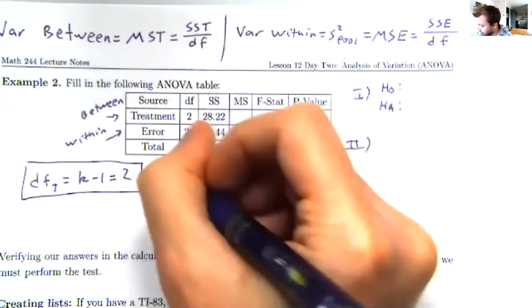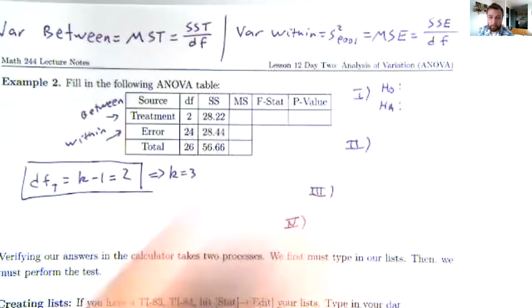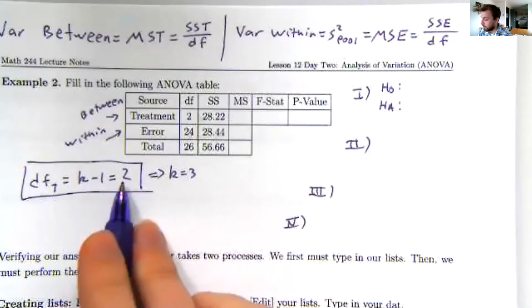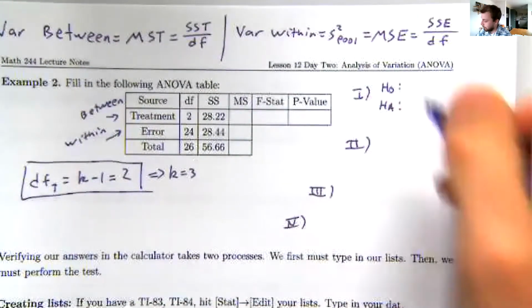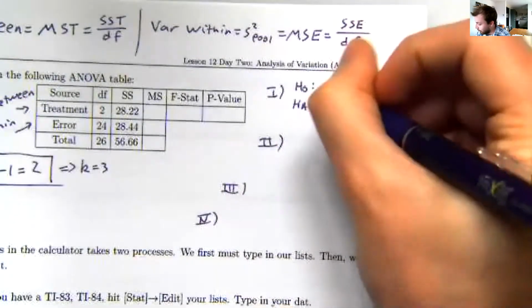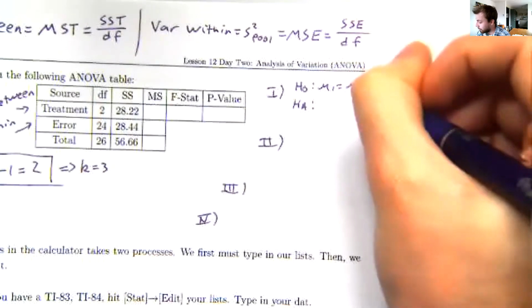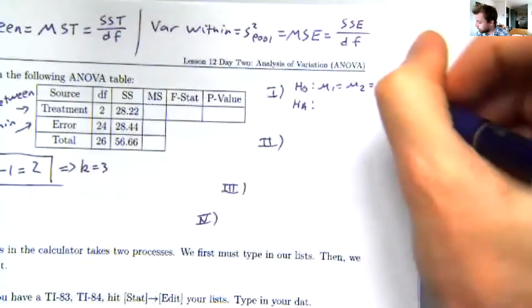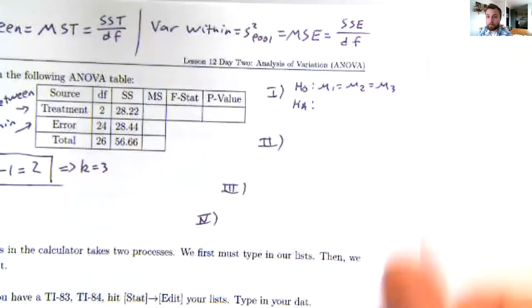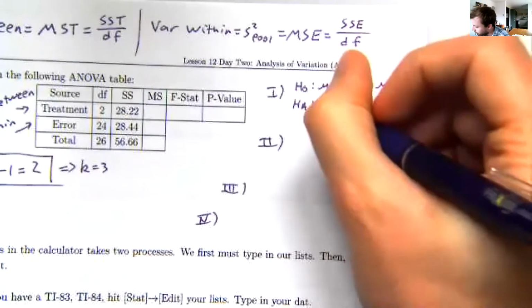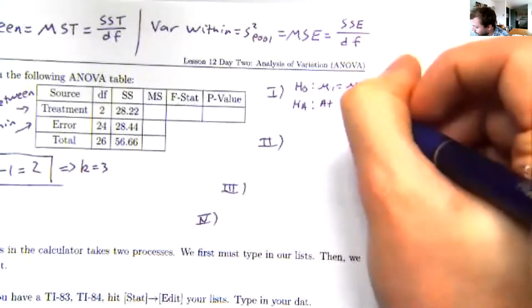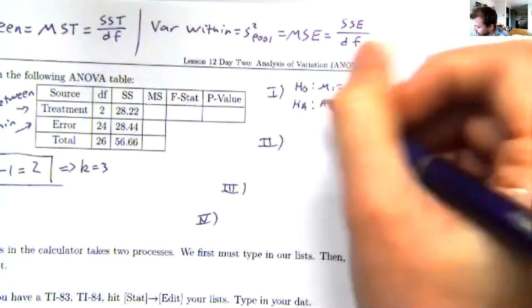So this is telling me that the number of groups must have been 3. 3 minus 1 gives me 2. So I am going to be comparing an average for the first group, an average of the second group, and an average for a third group. My alternative hypothesis is going to be at least one of these averages is different.